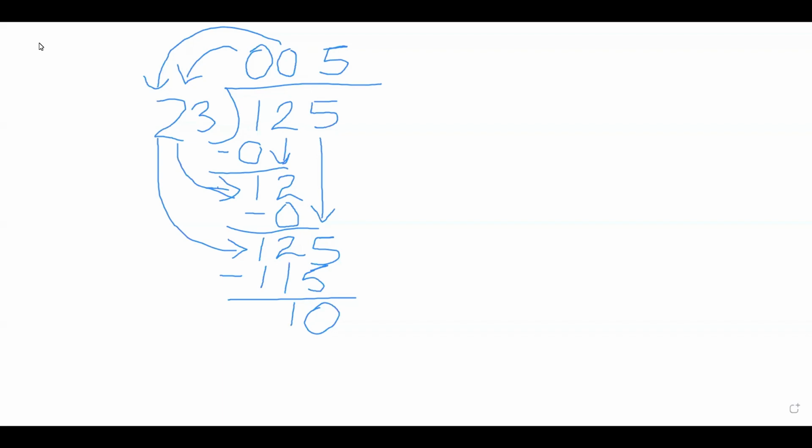So we can identify that this 5 is considered the quotient. This 125 is considered the dividend.